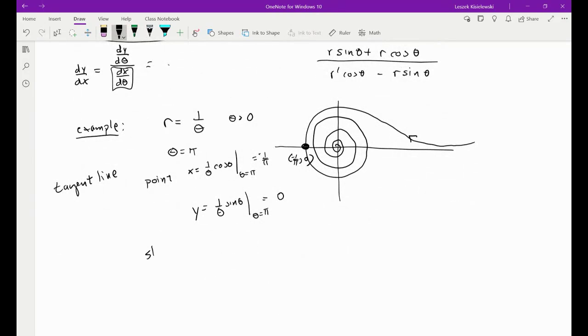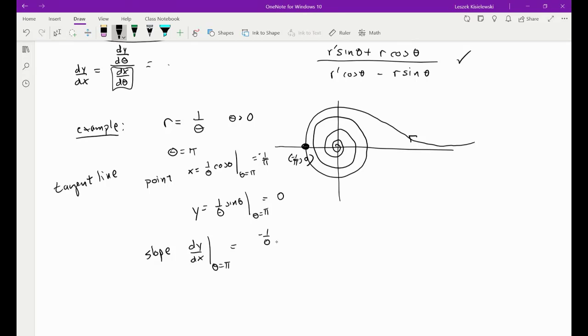So next you want a slope. So we want to find dy dx specifically at theta equals pi. So we just use our formula for dy dx when given a polar curve. Okay.